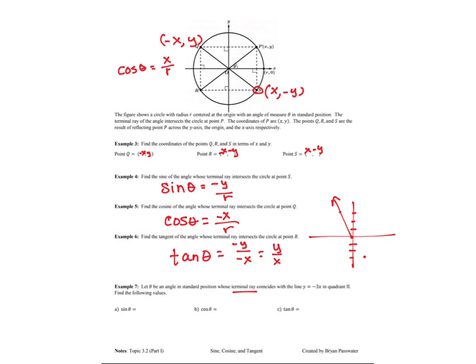So sine of theta, first of all, what's this point right here, where we went up 3 and left 1? I think that point would be very helpful to know. And my next question is, what's the distance r from the origin to that point? How could we find that?